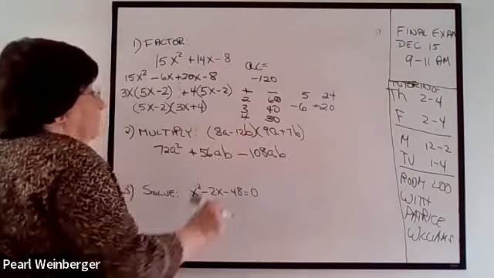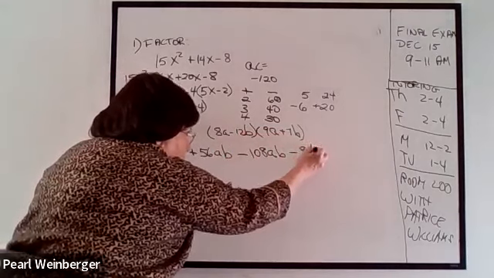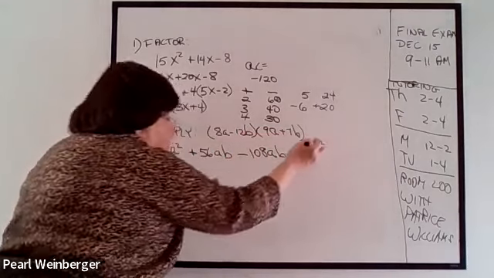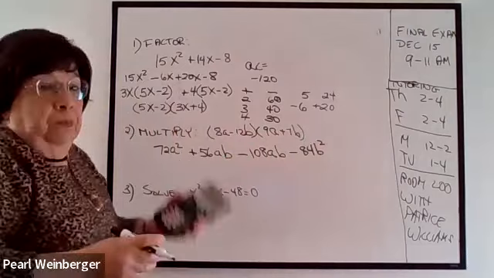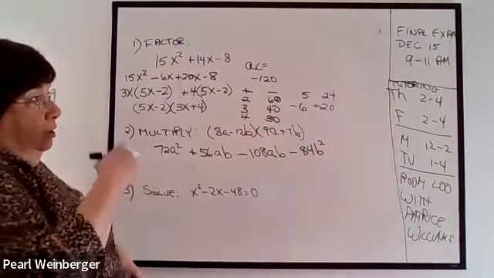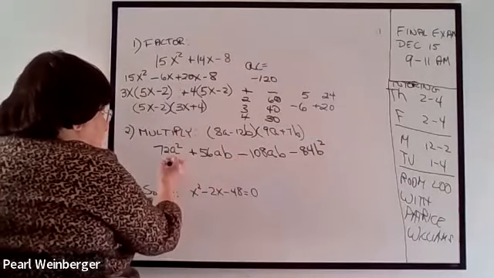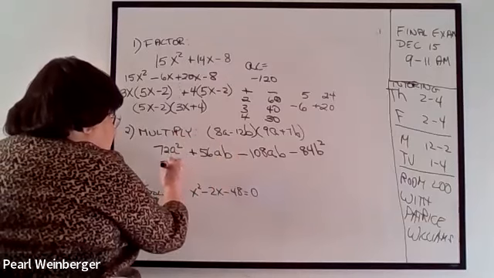So 12 times 7 is 84. So that's negative 84b squared. Remember, these are large numbers, but you're allowed to use your calculator, certainly for these multiplications. Now, I'm going to combine the like terms.